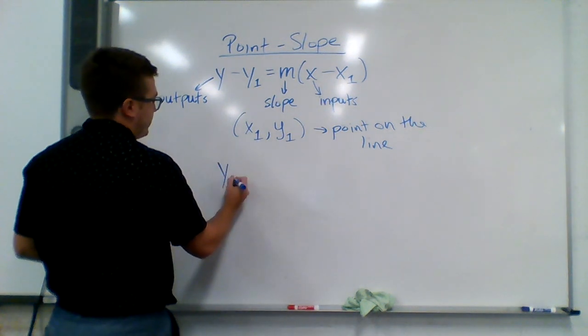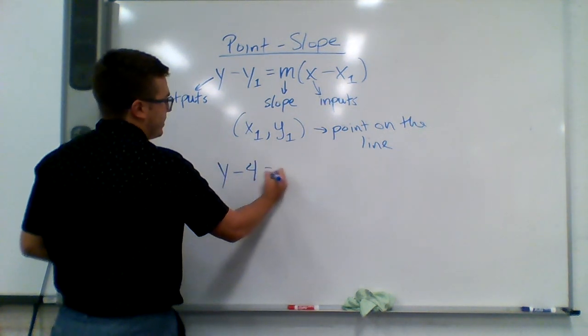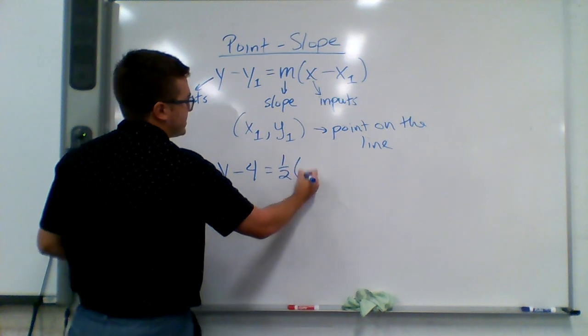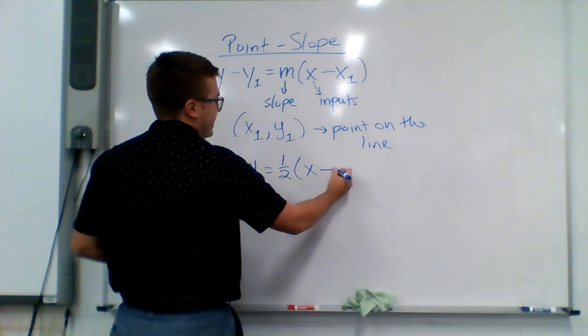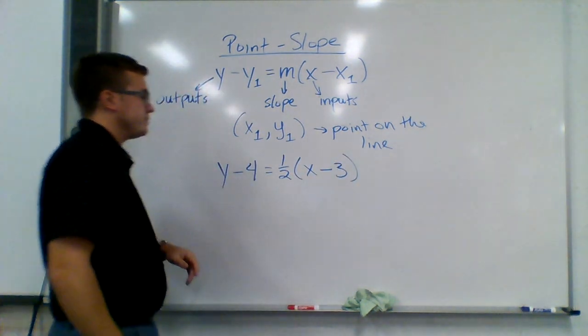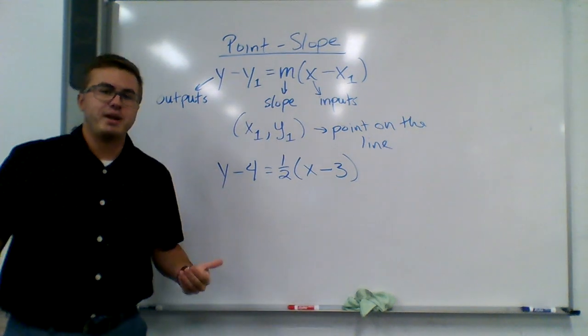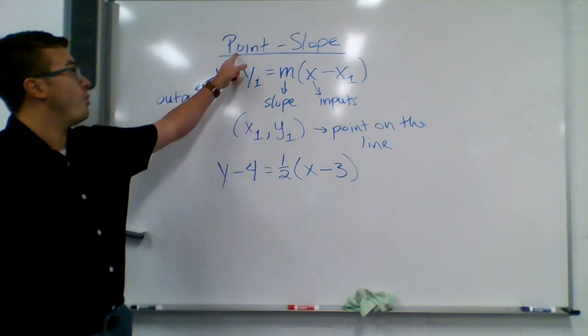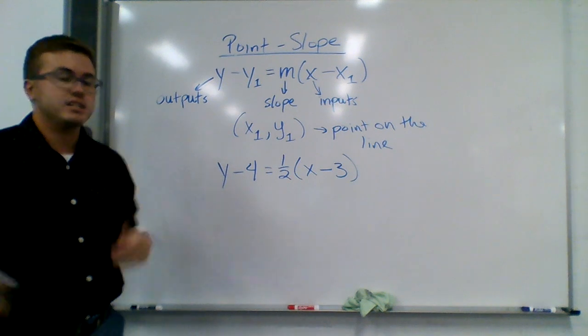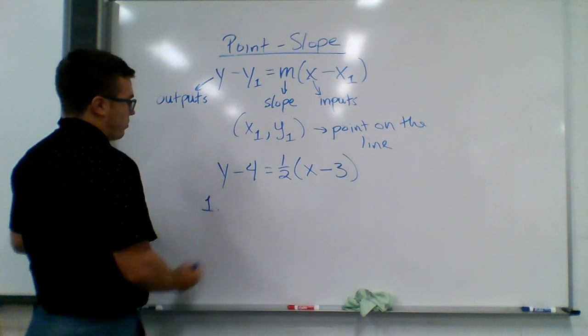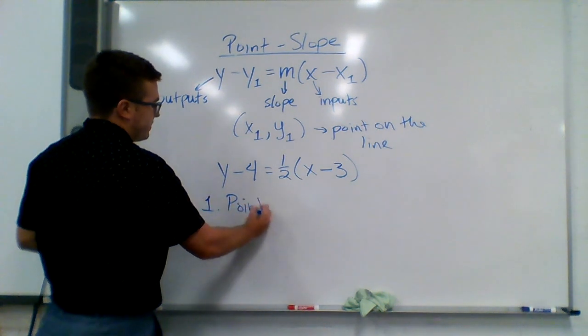If I have the equation y minus 4 is equal to 1/2 times the quantity x minus 3, well, what information does this tell us? It gives us a point and it gives us the slope. So let's look at what our point is.